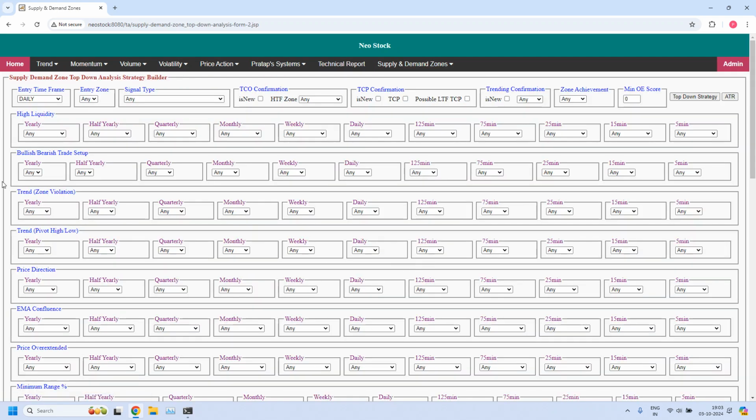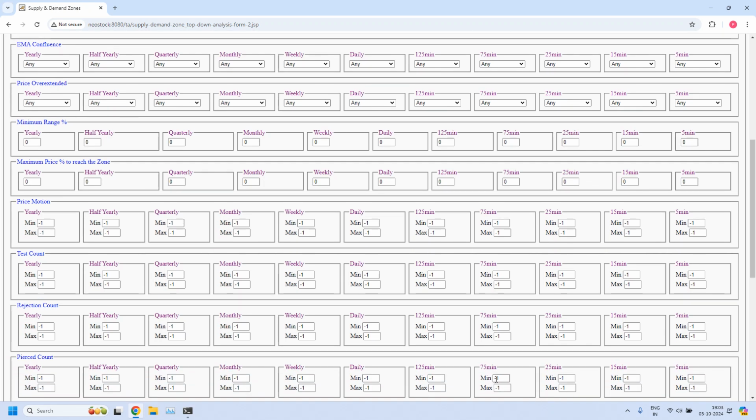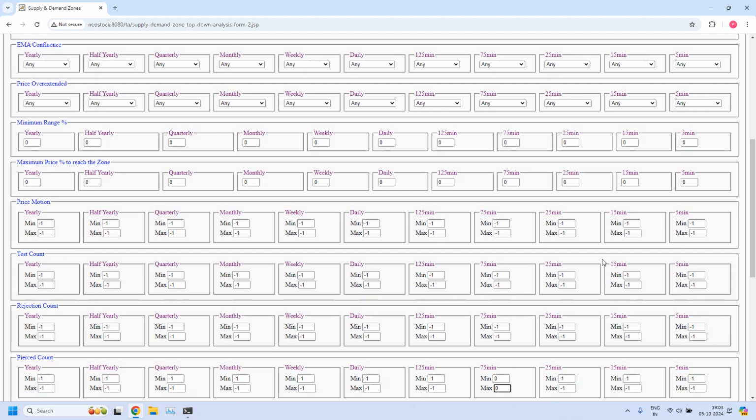Okay, in the next income trade, let us find the stocks that are supporting a bullish trade setup for weekly income trade. So the entry time frame is 75 minutes. Entry zone, demand zone. In bullish or bearish trade setup at 75 minutes, I am selecting bullish. This 75 minutes demand zone should not be pierced. So in the pierced count at 75 minutes time frame, I am adding minimum value 0, maximum value 0.